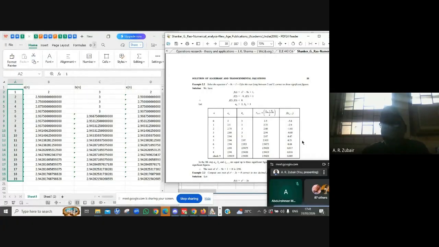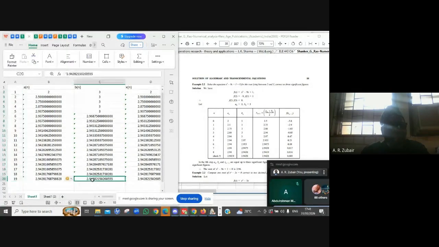in their own, our results are different because they made some approximations. You can see that in line 3, they wrote 2.88, whereas it is 2.875. Now you can see that what they got is 2.9428.